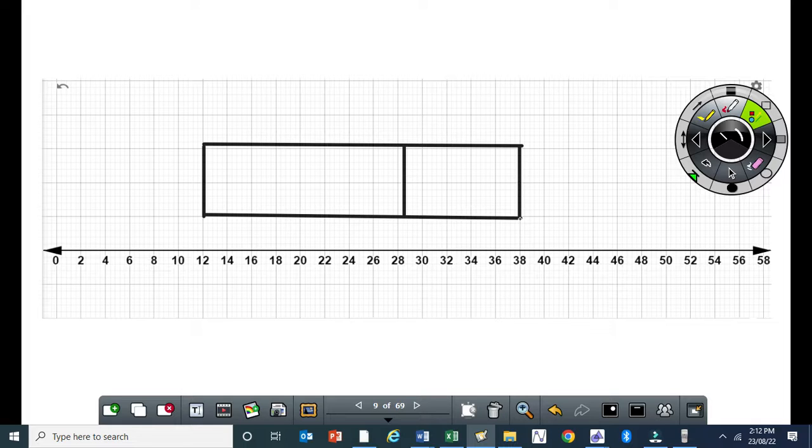Right? Now, our maximum is 51. So 51, I'm going to approximate, will be somewhere there. Okay? And the minimum is 1. So 1 is somewhere here.